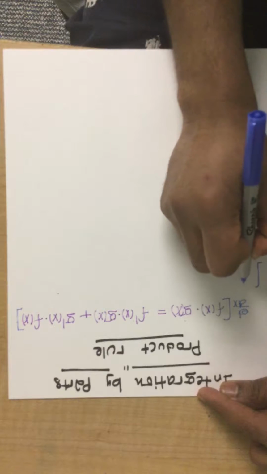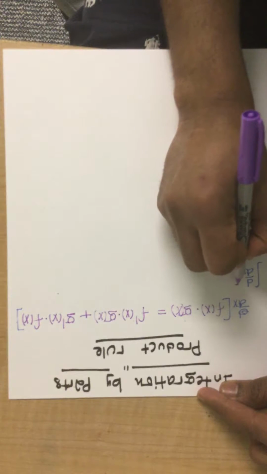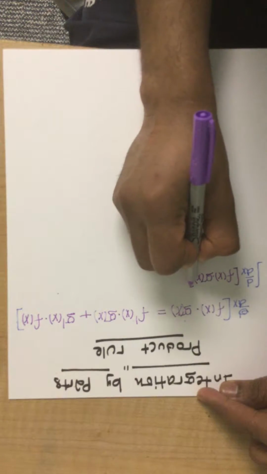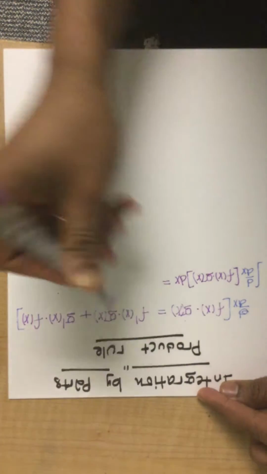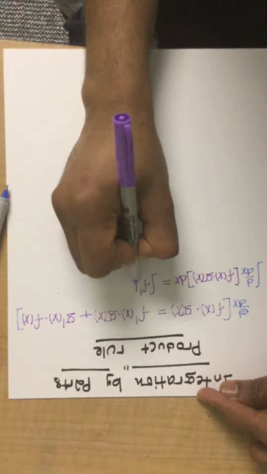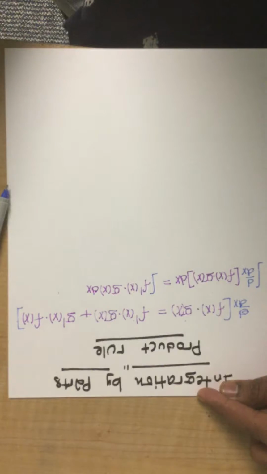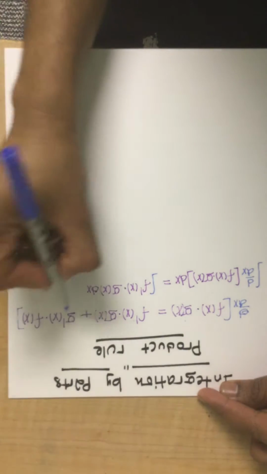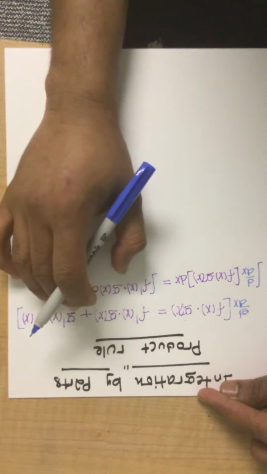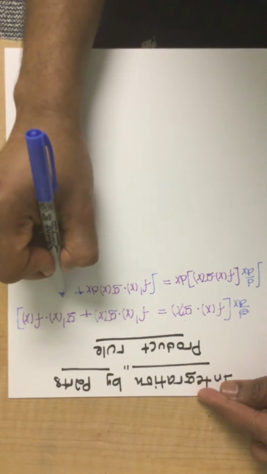The integral of d by dx of f of x times g of x dx is equal to the integral of f prime of x times g of x dx, plus, since this is addition, I can rewrite this part as two integrals.